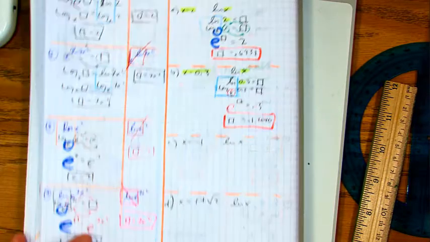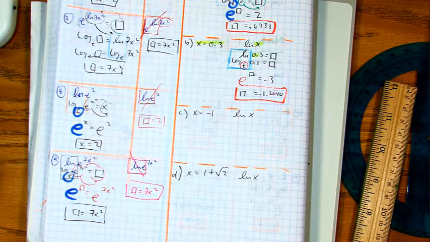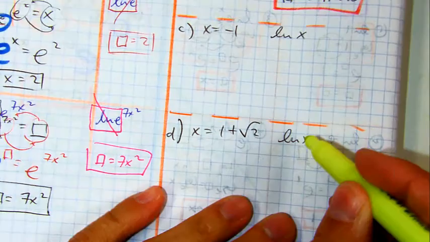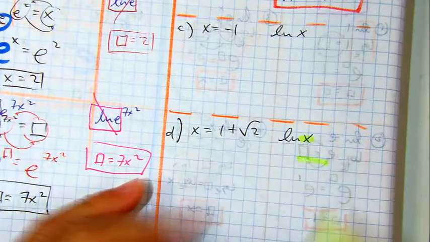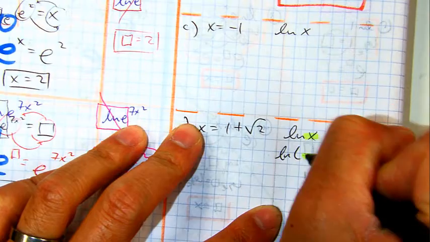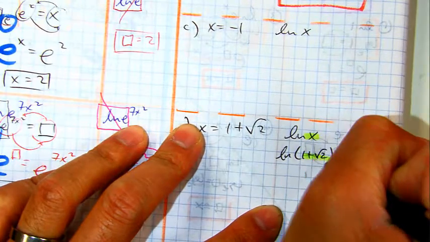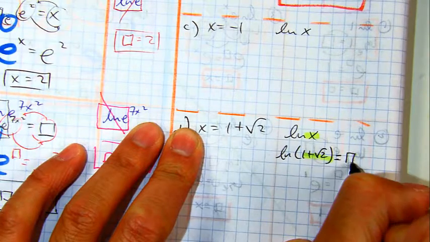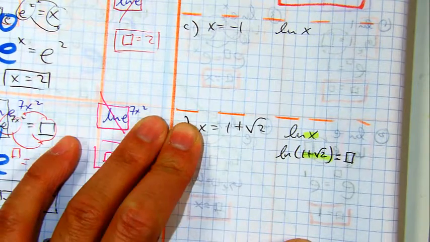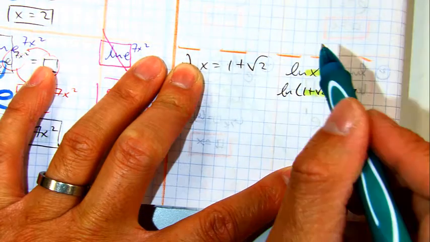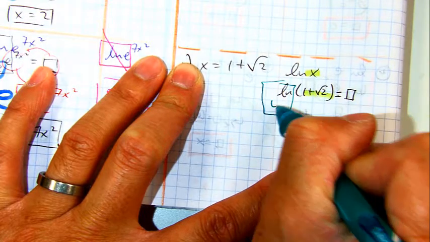All right, let's do D together. All right, Chen, what did you write there? And what did you write over here? Box. Nice. What's the next, Chen? Change natural log to log base e. Okay.